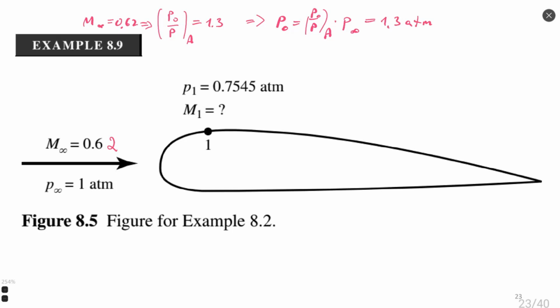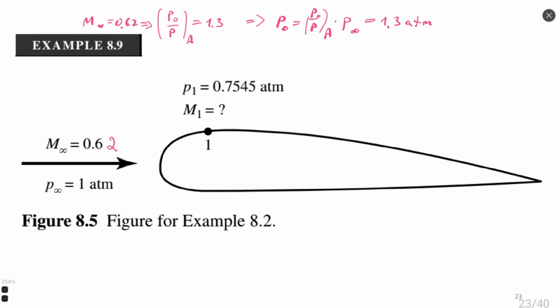Since this whole flow picture has isentropic flow, we ignore existence of boundary layer according to conditions of example 8.9. And we know that there will be no shock waves, so flow can be considered as reversible, adiabatic, so it's isentropic.